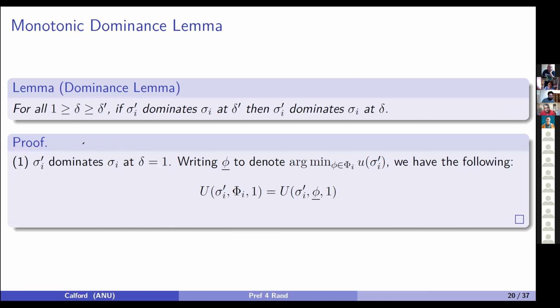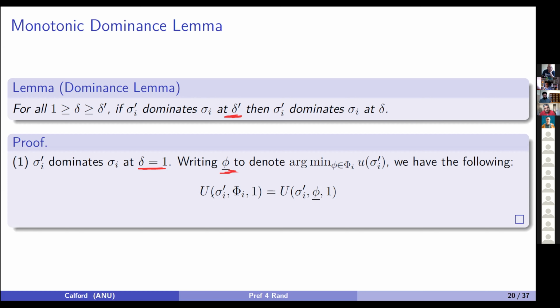For the first part, we need to prove that sigma prime dominates sigma at delta equals 1. So we assume that it dominates at delta prime, and we're going to show it dominates also at delta equals 1. And we do this by using the singleton belief method, same as we proved for the expected utility proof a couple of proofs ago. So writing this to be our utility minimizing belief of sigma prime, we're going to have the following expression at delta equals 1.